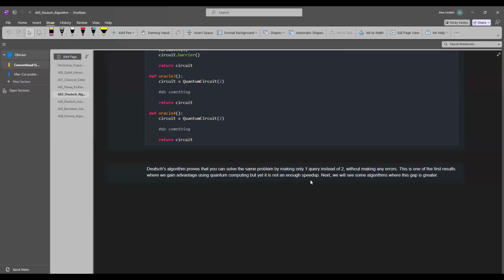This is important because if you learn a new quantum algorithm, you can just look at the algorithm, implement it, and it will work. However, the goal of this workshop is to show you how it works.